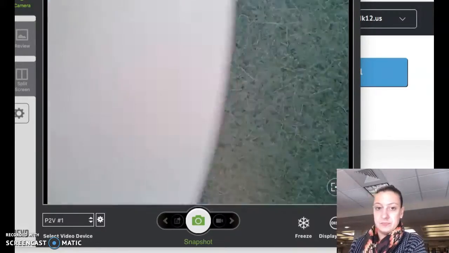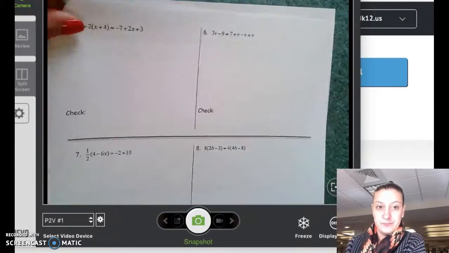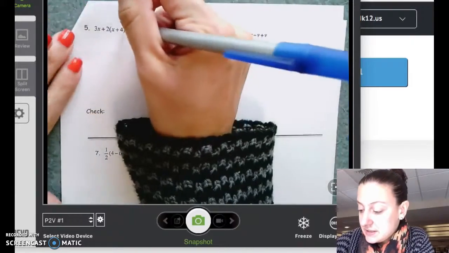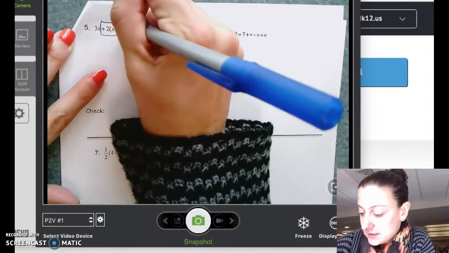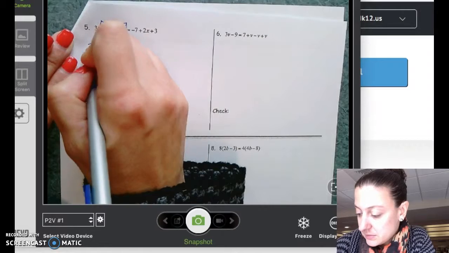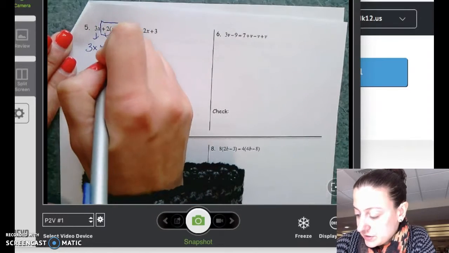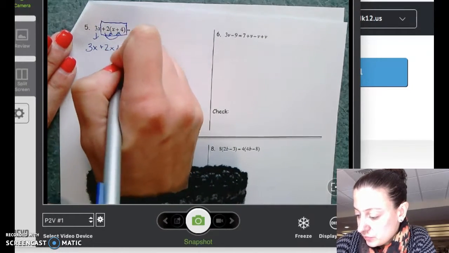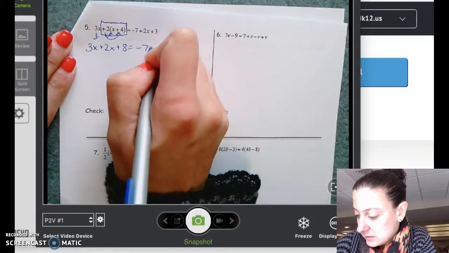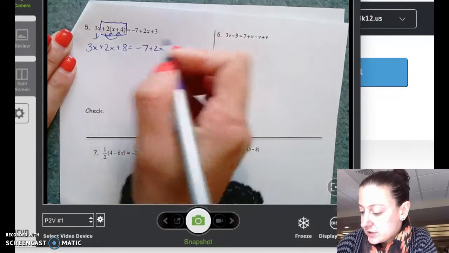Okay. Not so bad. Okay, the next page here. I see a group of parentheses, so I'm going to put a zoom in box that includes the sign. This 3x just comes down. Plus 2x plus 8. Combine like terms on each side.